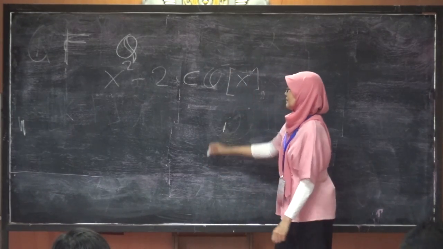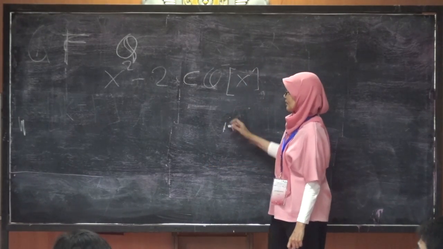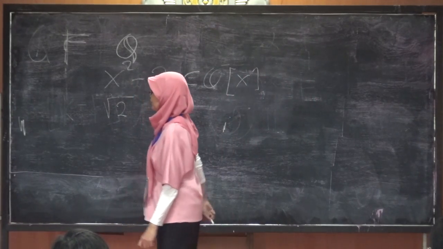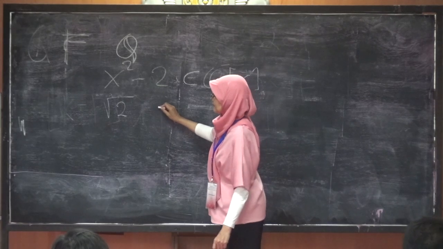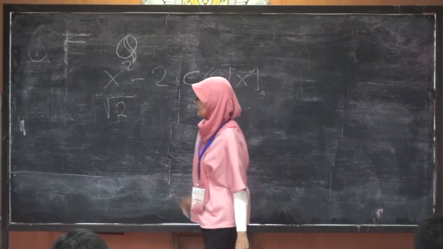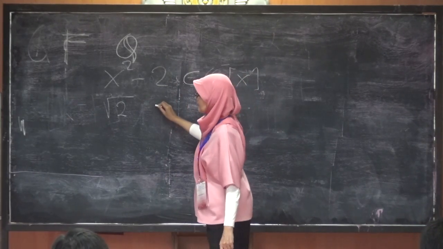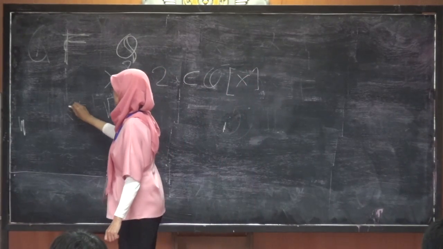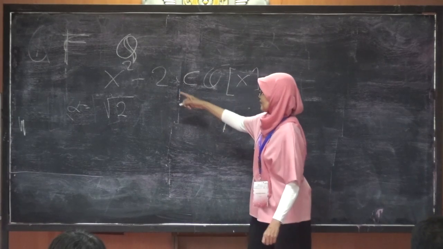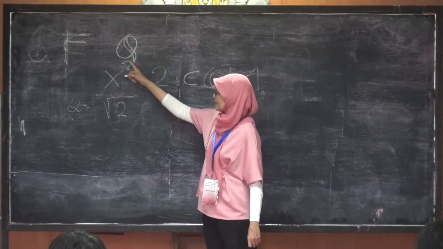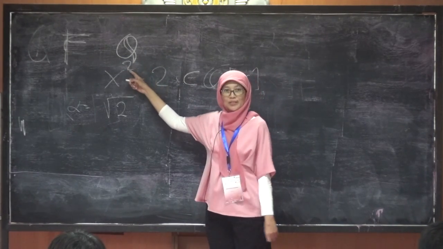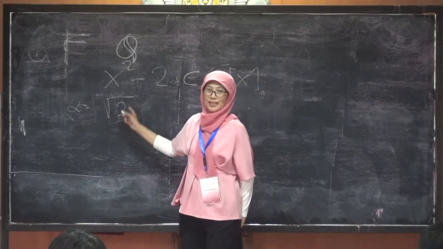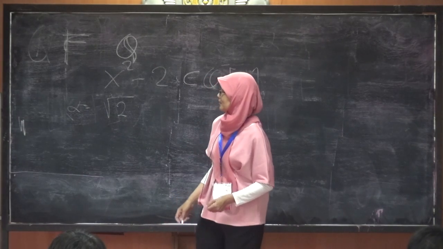What is the root? The root here is square root 2. This is the minimal polynomial of this one, and this is alpha. Because the degree of the polynomial is 2, the degree of alpha is also 2, according to the definition.